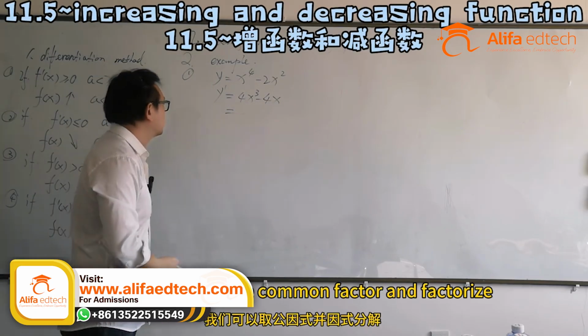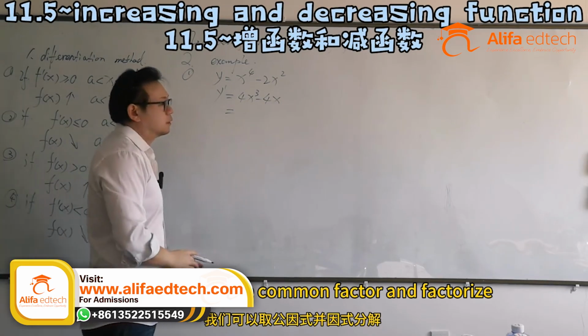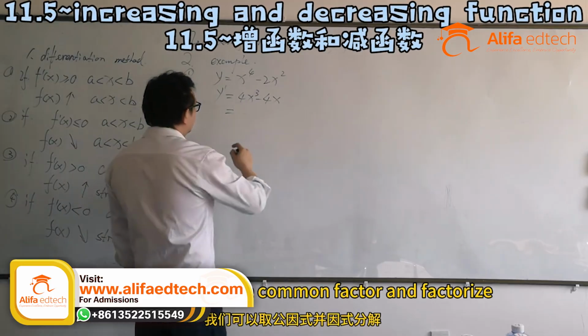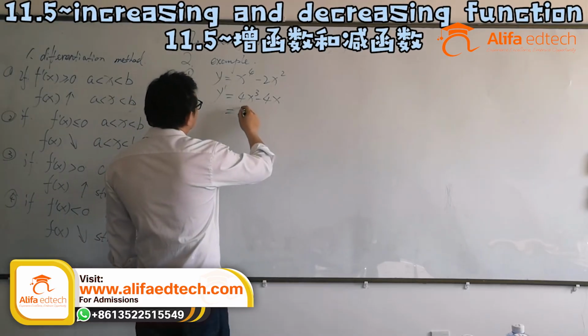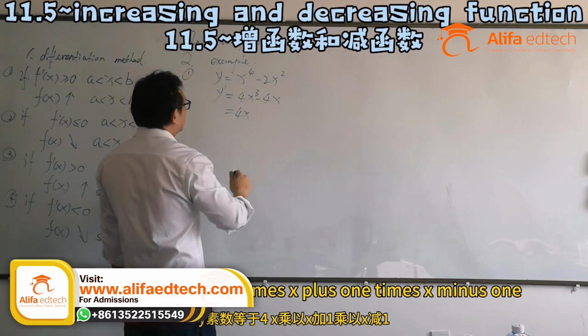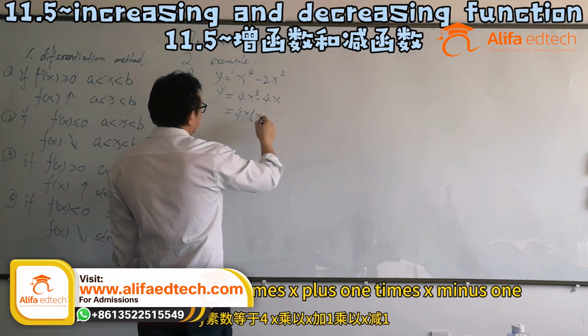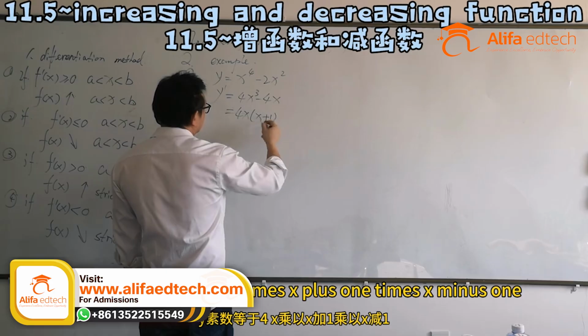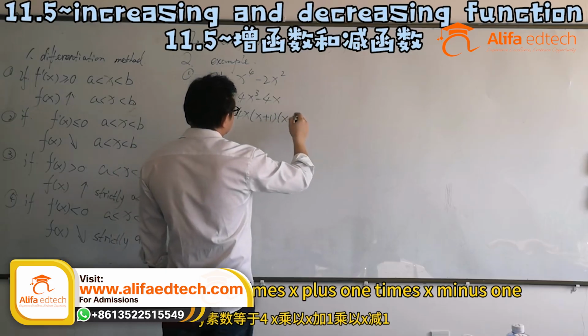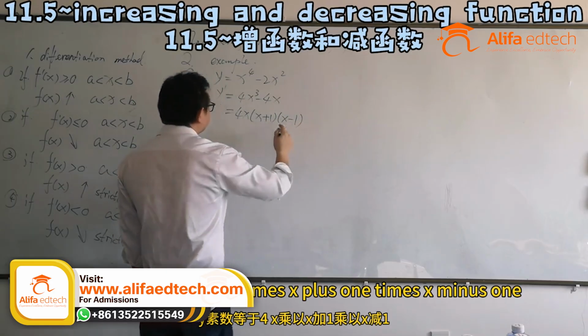And we can take the common factor and factorize. y prime equals 4x times (x plus 1) times (x minus 1).